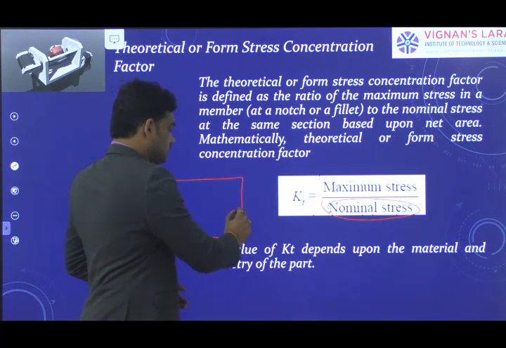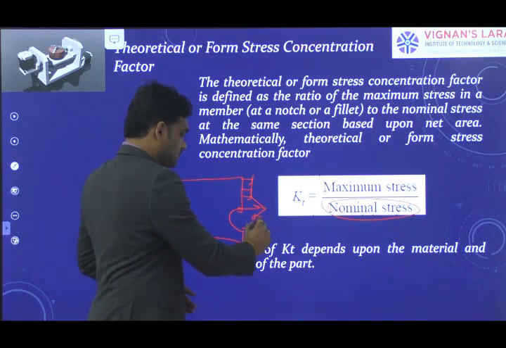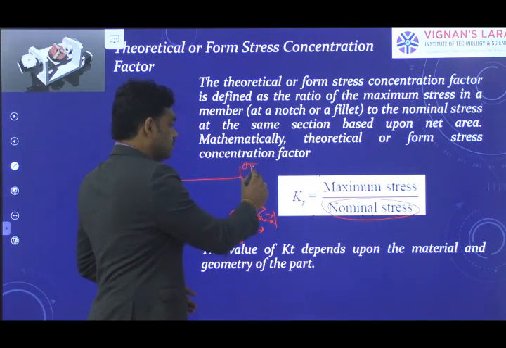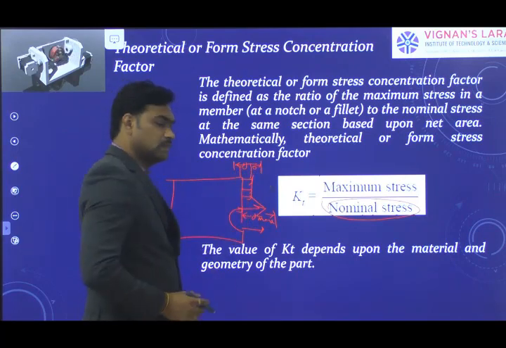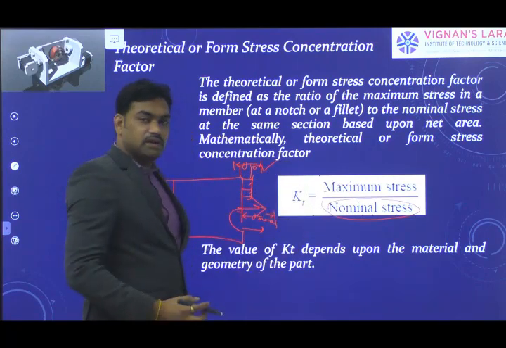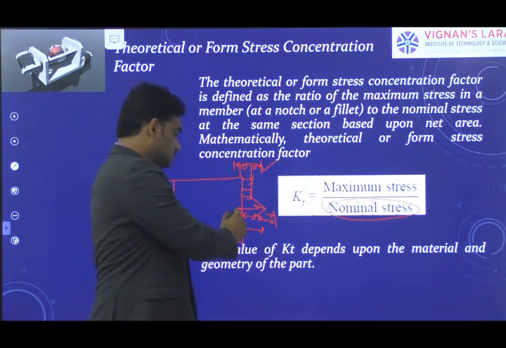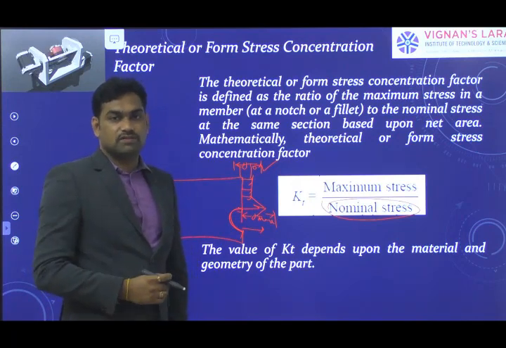Here, at the circular hole, we observe the maximum stress, that is sigma max. And this one is the nominal stress, which we denote sigma naught. At the uniform cross section, we obtain the nominal stress, but where there is a change in cross sectional area, we observe the maximum stress values.